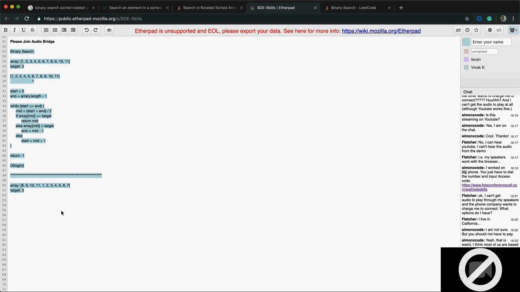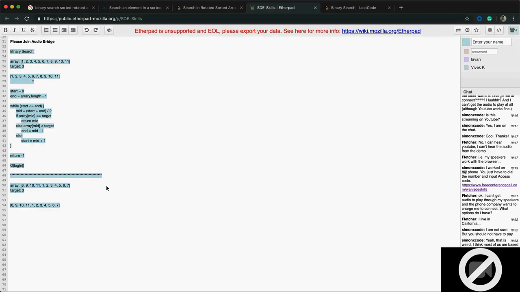How about the second problem where the array is rotated? So I'm thinking in this, maybe, I'm not sure, but the starting and the ending we'll compare, and based on that we can apply the binary search. Okay, let me write it down.